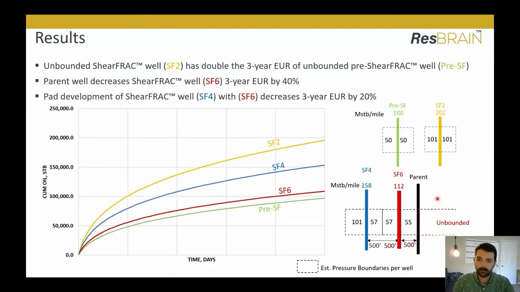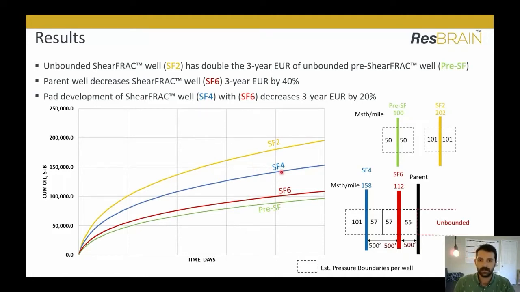So additionally, back on the right-hand side here again, we also completed a 3-well pad. So we're just looking at the Wolfgang B wells, but there is an A well in between here as well. And this was really interesting because you have a parent well that was 500 feet away or 1,500 feet away in that Wolfgang B. So if you look back at this production plot, each of these wells, the blue well and the red well, were optimally stimulated using FracBrain.